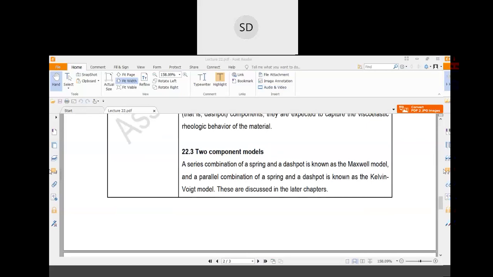There will be two types of connection: series connection and parallel connection. In a series connection, they would be connected in series, and this type of model is called the Maxwell model.